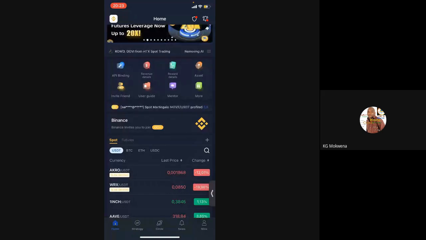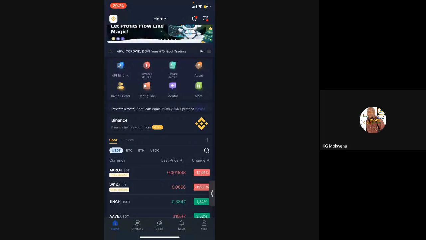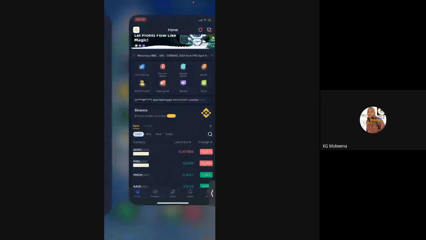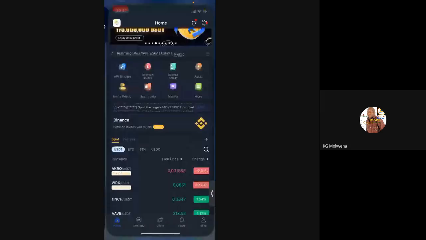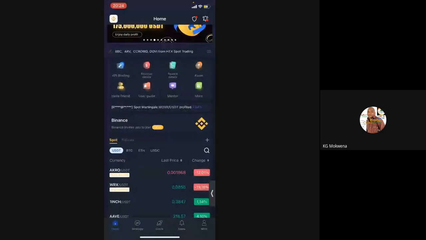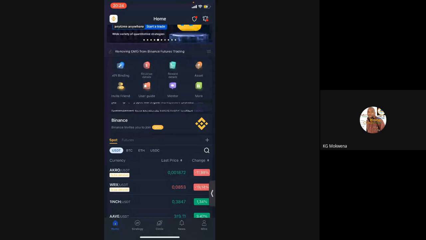USDT is a stable coin, and we want to trade that market. So you must first convert your cryptocurrencies or your money on the Binance side to USDT so that you will then be able to come and trade this USDT market. USDT market means where you have USDT as a quote currency or a pricing currency, the currency at the right hand side.